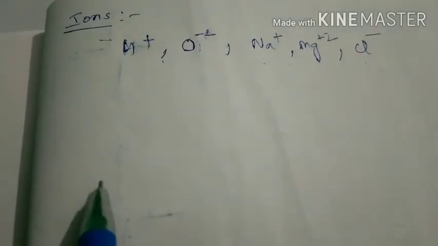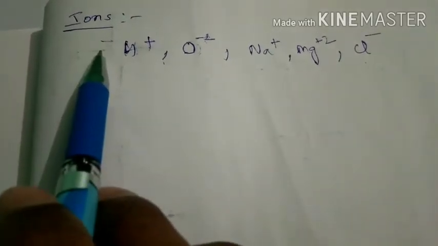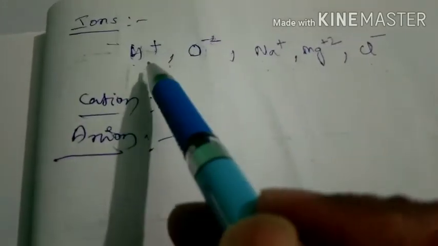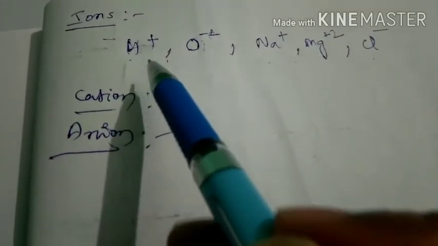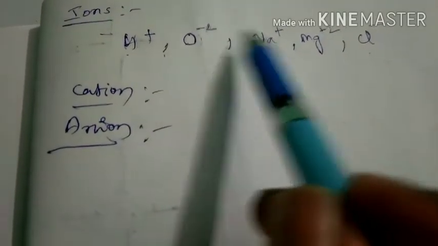Here one more important point is that these ions are of two types. They are cation and anion. What is cation? All are ions because they are having charges.